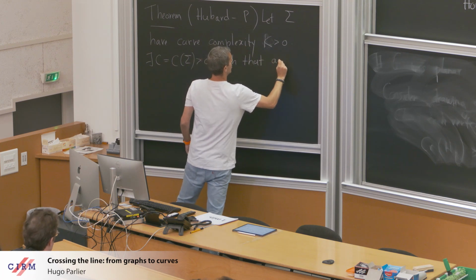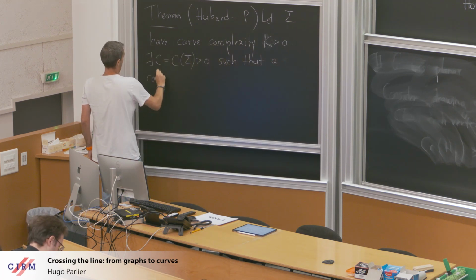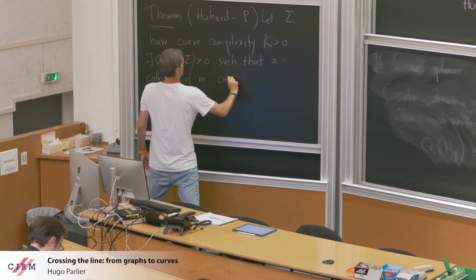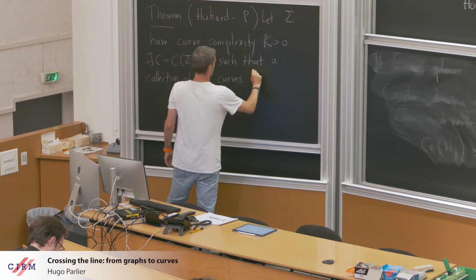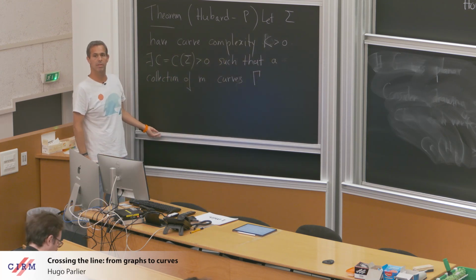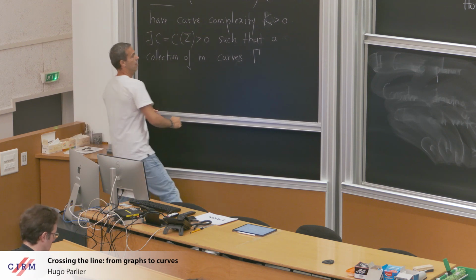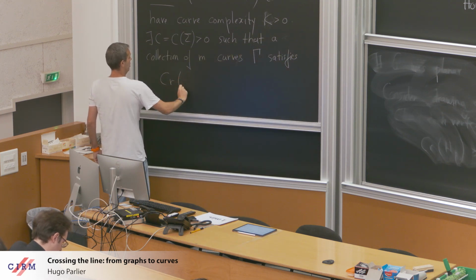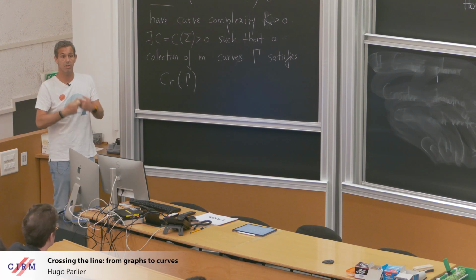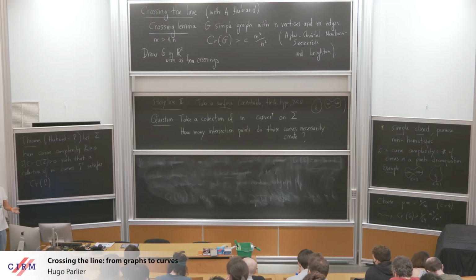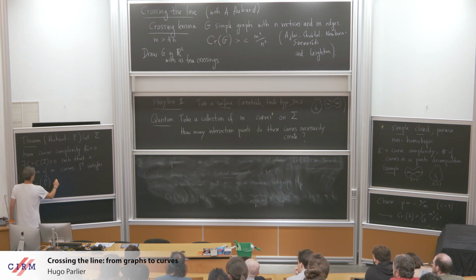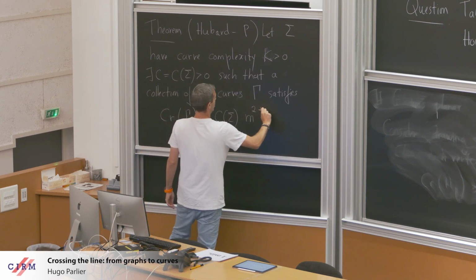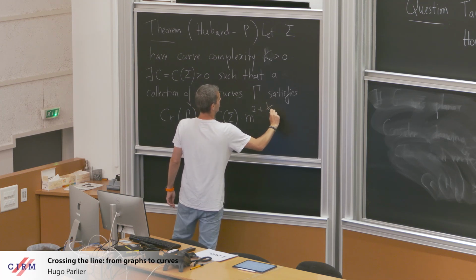a collection of M curves, and I'm going to call this collection gamma, the union of all these curves, satisfies that the crossing number, by which I mean the minimal number of intersections that I get from these curves, has to be greater or equal to this constant times m to the power of 2 plus 1 over 2 times kappa.